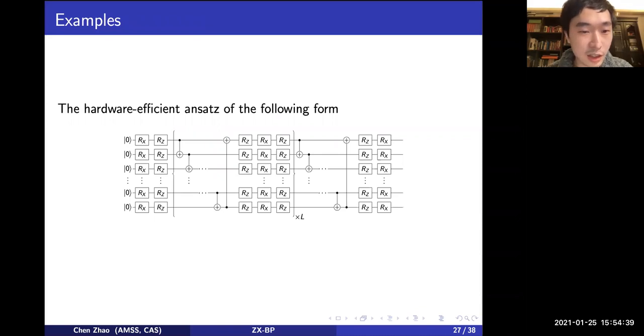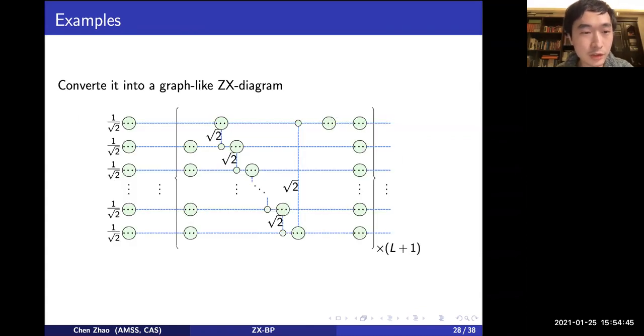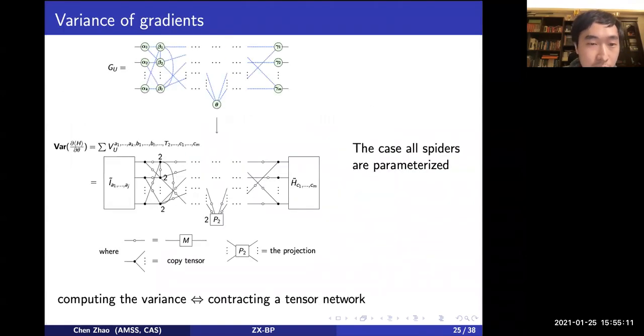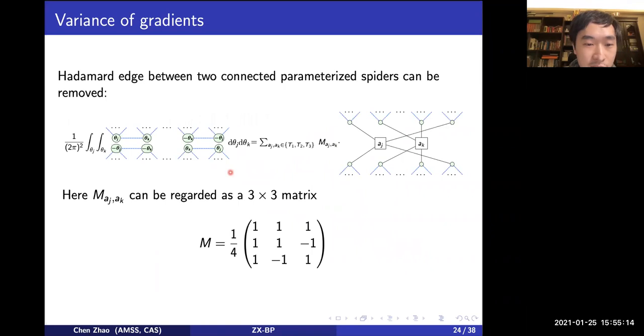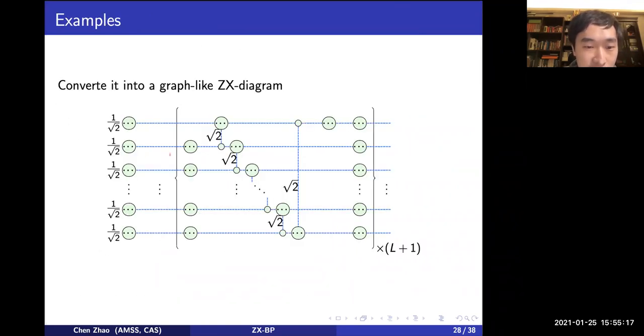Let's consider the hardware efficient ansatz of the following form. We first convert it to a graph-like ZX diagram. It will look like this. Then in this ZX diagram, the spiders like this are parameterized, and this is a spider of phase 0. And we can use this relation on these edges.